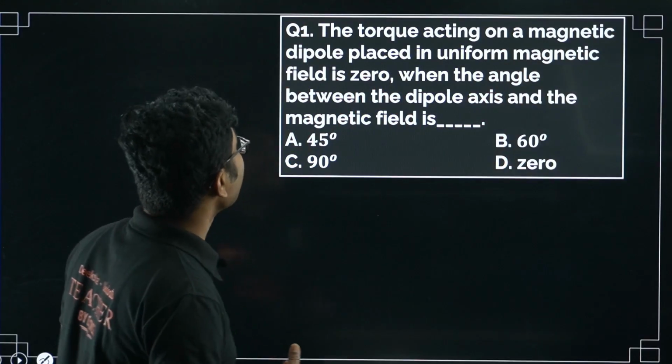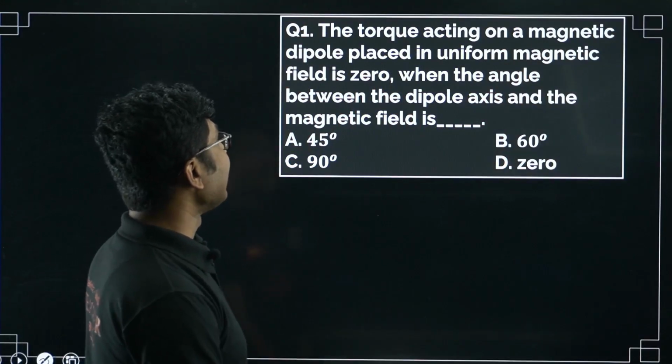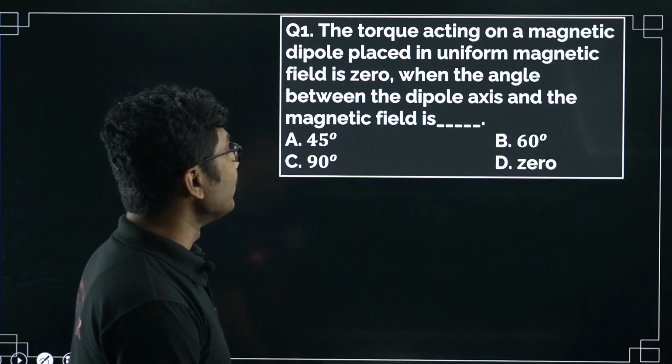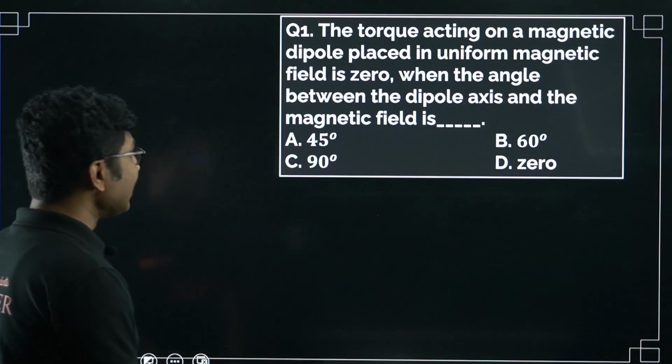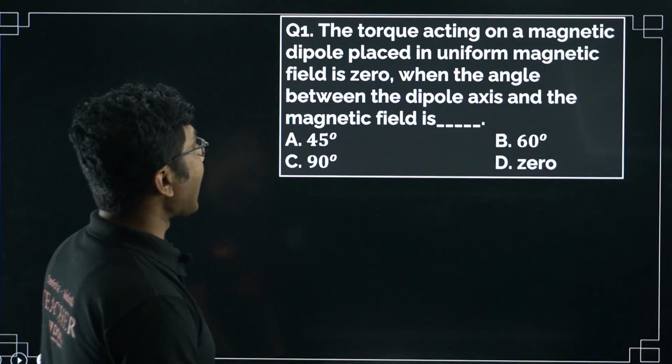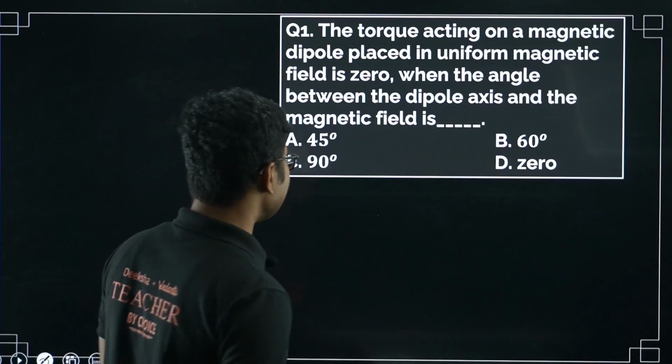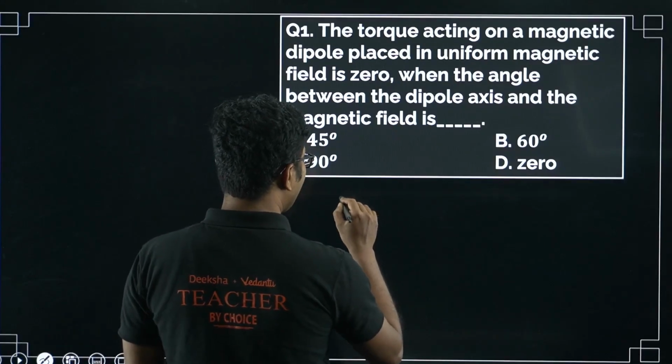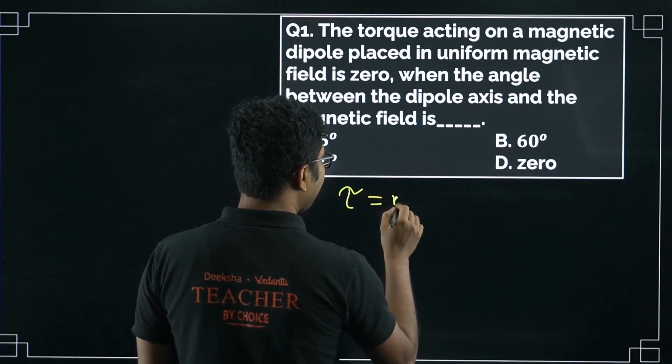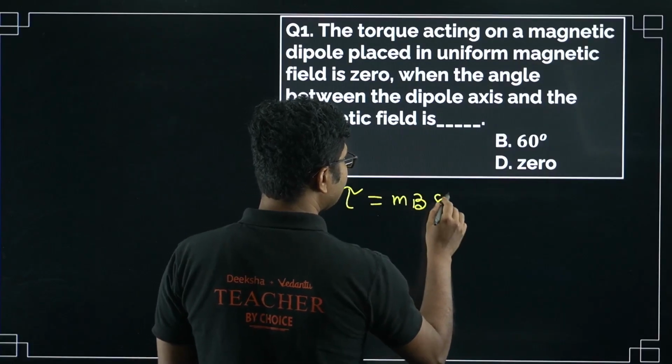Let's see the questions. The torque acting on a magnetic dipole placed in a uniform magnetic field is 0 when the angle between the dipole and the magnetic field is. So what is the formula? Torque is basically mB sine theta.